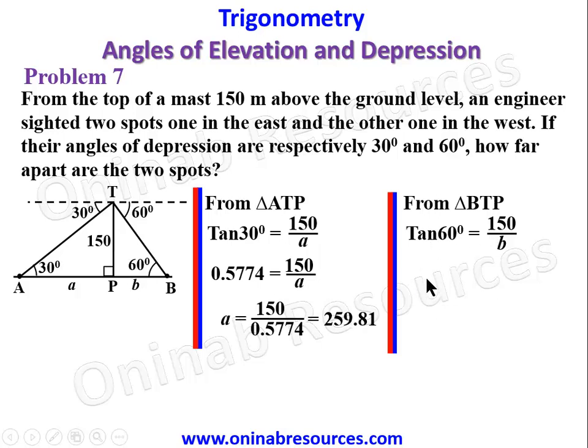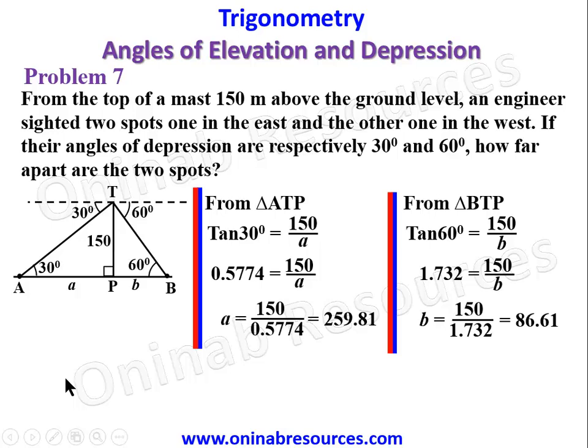Tan 60 degrees is 1.732 equal to 150 over B. If you make B the subject of the relation, B will be 150 over 1.732, which gives 86.61.